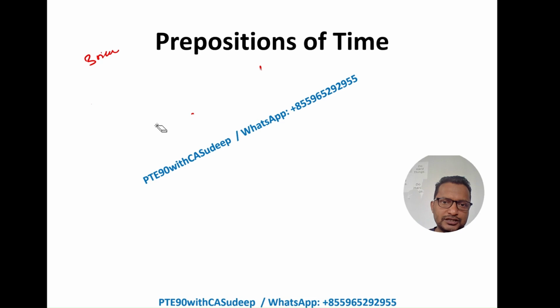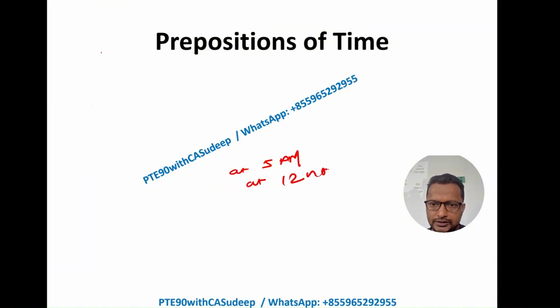So at is the specific point. Like for example, let's say at 5 a.m., at 12 noon, right? At 5:15 p.m., for example. So consider this as at.